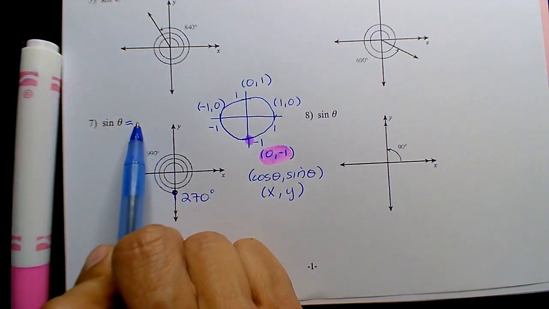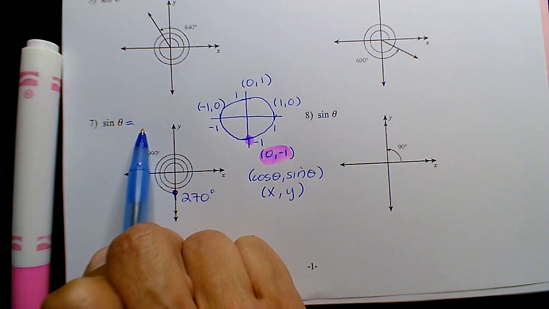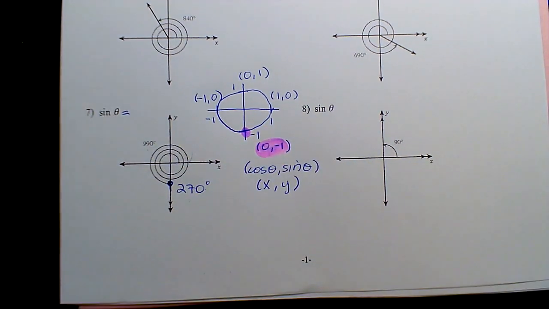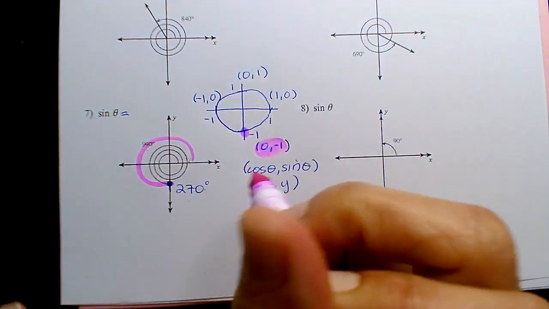It's actually 270. 270 is from here to here.